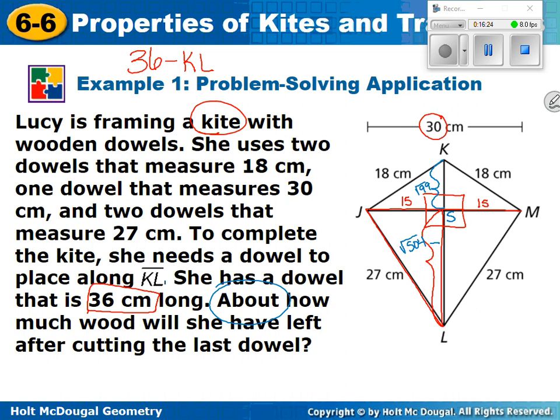Go back to last semester and think about all that time we spent on radicals. If you want to find KL and you add the square root of 504 plus the square root of 99, can you add those numbers together? No. The only way you can add square roots is if the radical number is the same. So you can't really add them. You're going to type them in on your calculator.